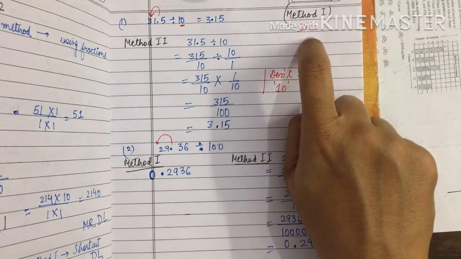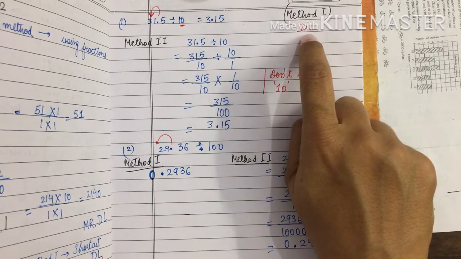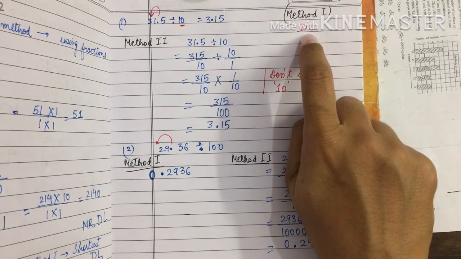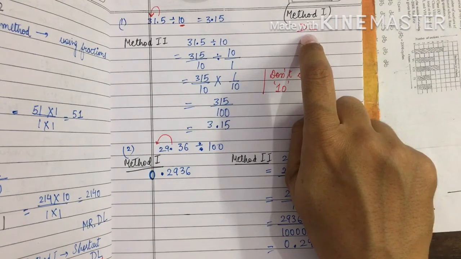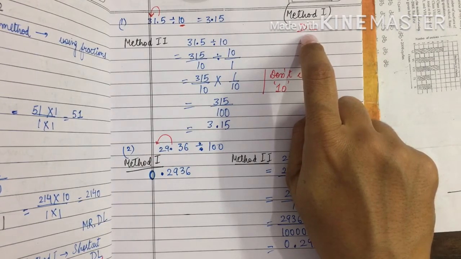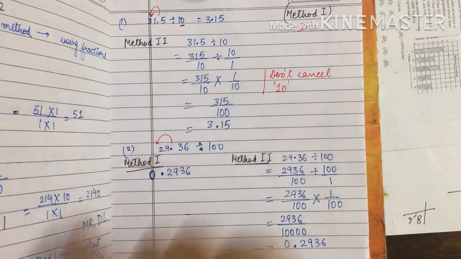The first one is your shortcut, where you move your decimal to the left side depending on by which number you are carrying out the division, 10, 100, 1000, etc. Depending on the zeros, you move the point to the left side. The decimal jumps as many places as the number of zeros. The second is using fractions.